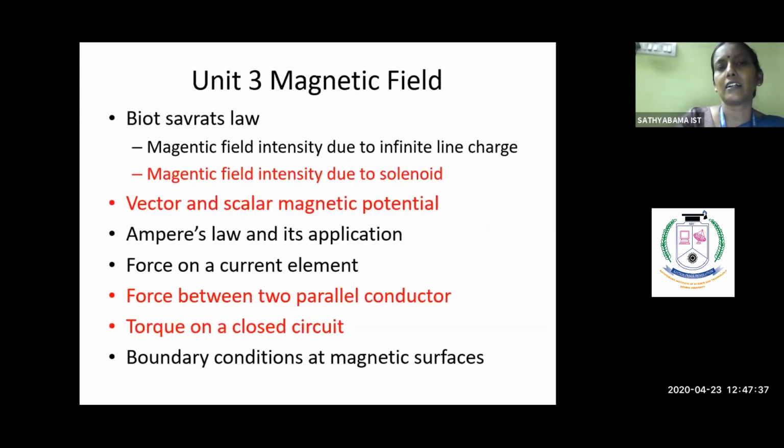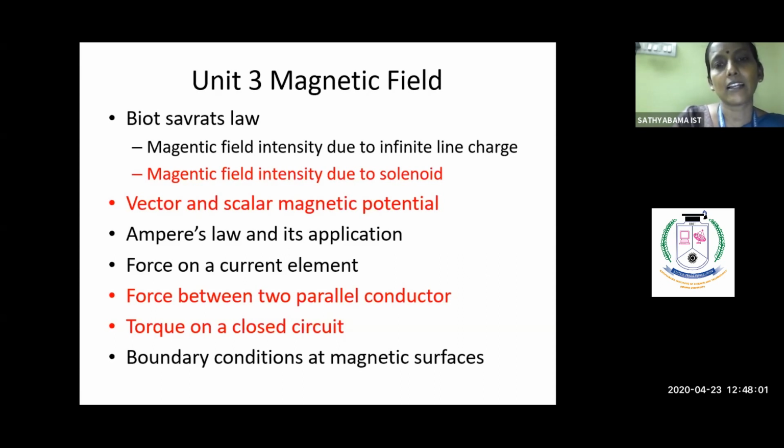And I thought of recollecting the third unit. In the third unit, these are the topics, and the important topics you have to learn are magnetic field intensity due to a solenoid, which is very, very important, and magnetic field intensity due to an infinite line charge, which is also important.